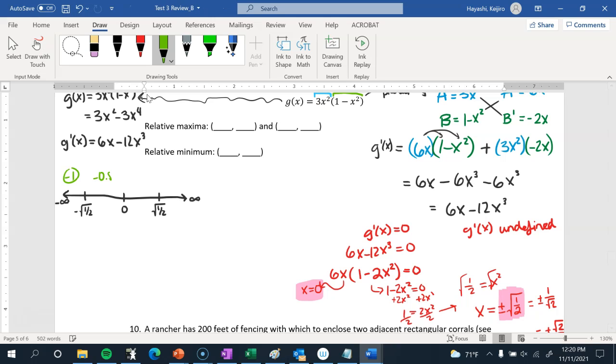Anyways, so these are the test values. It's increasing, decreasing, increasing, decreasing.